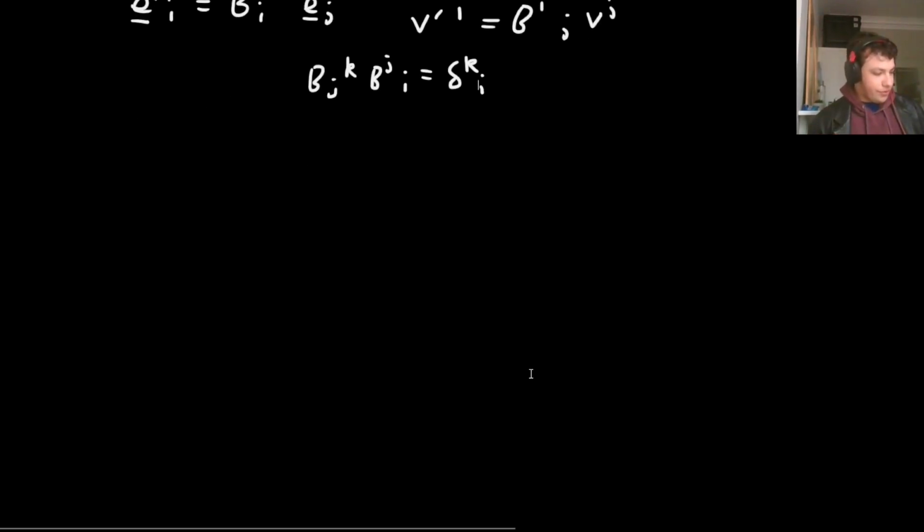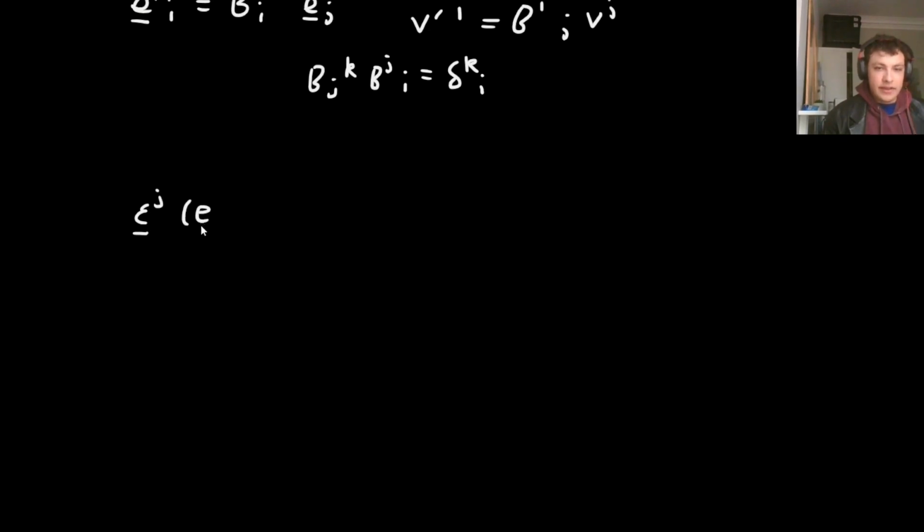Now we're going to look at the dual vectors and see how the dual basis transforms. So we've changed to our new basis, so that means that the dual basis needs to be updated, because in general we're not going to have epsilon^j e'_i equals delta_ij, so we're going to stick a prime in there as well.